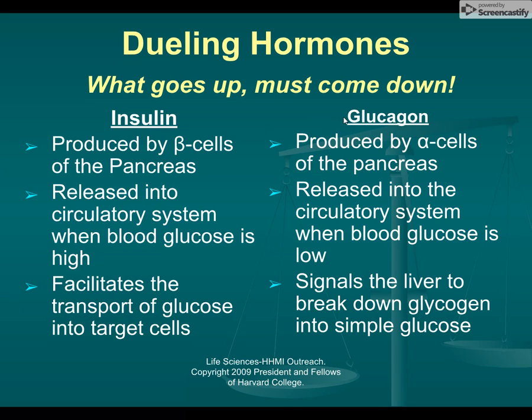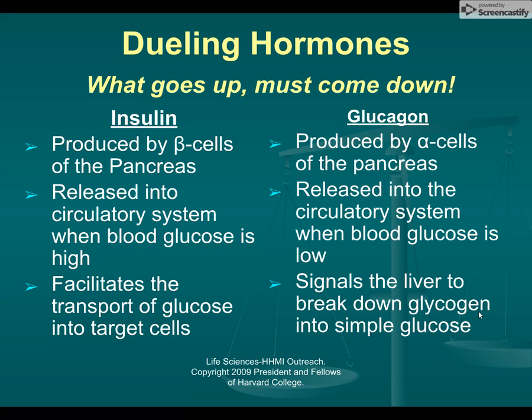Glucagon works when your blood sugar, or blood glucose level, is low. It's produced by alpha cells in the pancreas, and it triggers your liver to break down its storage of glucose in the form of glycogen. This molecule here is glycogen.